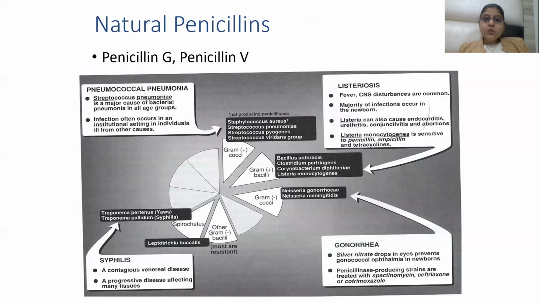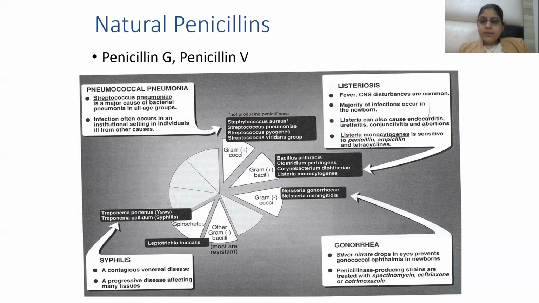These are the uses of the penicillins. Penicillins are effective against gram-positive cocci, gram-negative cocci, and some gram-negative bacilli, though most gram-negative bacilli are resistant. So they can be effective against Staphylococcus, Streptococcus, Bacillus, Clostridium, Corynebacterium, Listeria, and Neisseria gonorrhoeae.